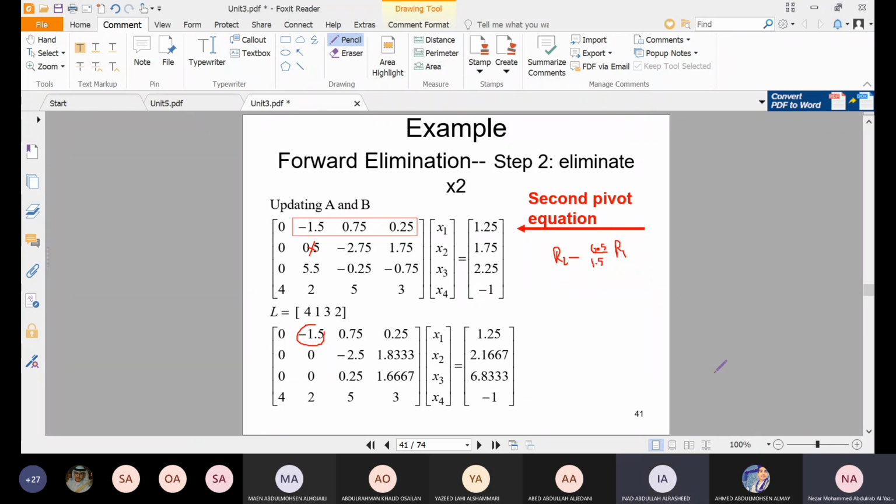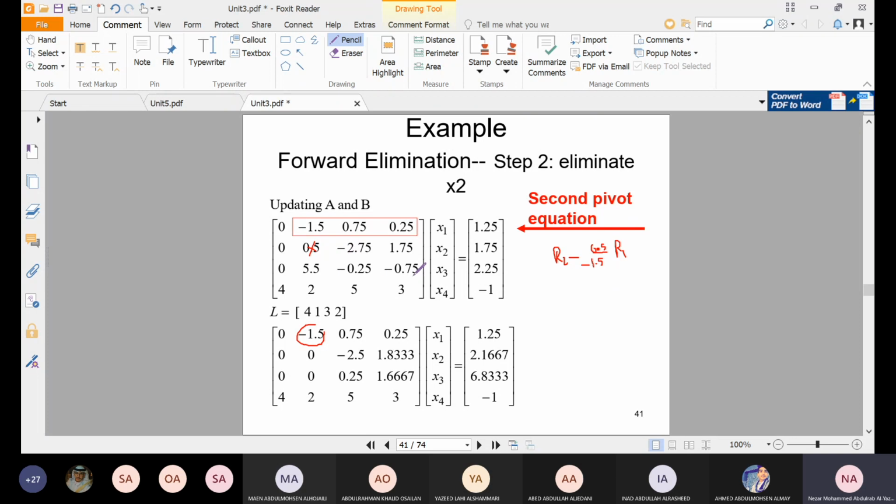After that, isn't it minus 1.5? Because when I do the subtraction, it's not an addition. Yes, this should be minus. Sorry, this will be, yes, this coefficient over this coefficient.